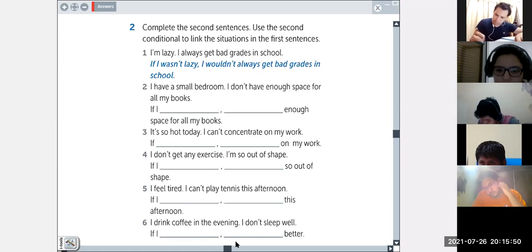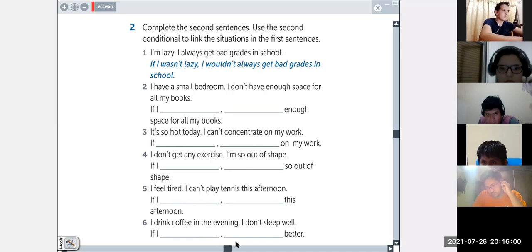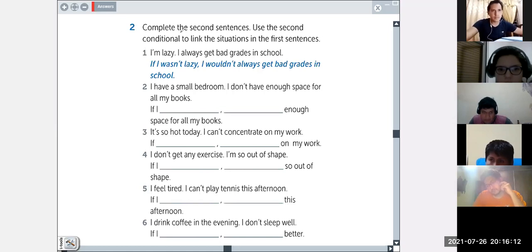Okay, let's see sentence number 2. I have a small bedroom. I don't have enough space for all my books. What do we say here? If I had a big bedroom, I will have enough space for all my books.